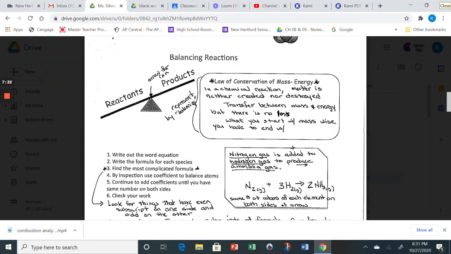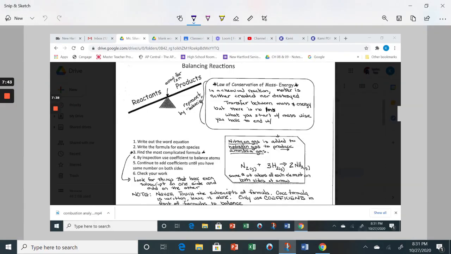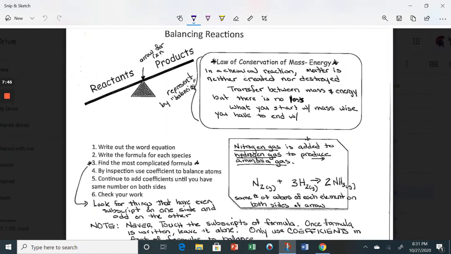Now, this brings up this concept of balancing. And this is where you're going to see why you need to know diatomics. In balancing a reaction, it's like being on the playground on a teeter-totter, right?